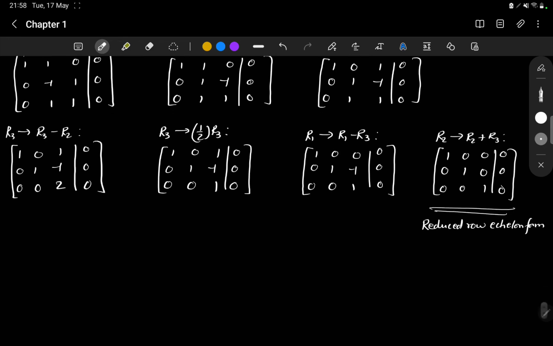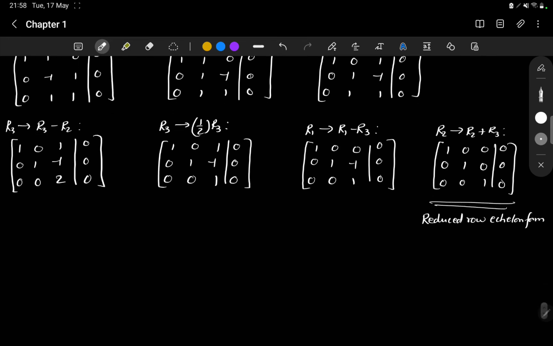And from this we can see what we get as the solution from this reduced row echelon form. We will get A1 equal to 0, A2 equal to 0 and A3 equal to 0. So this is the trivial solution.